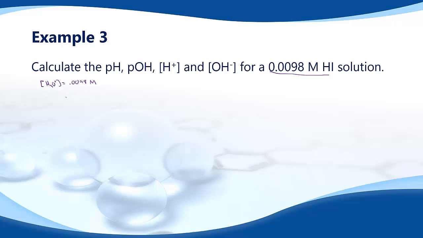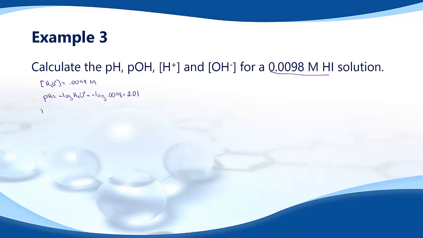I'm usually a fan of doing the easier calculations, so my next calculation will be pH. pH is equal to negative log of H3O plus, so negative log 0.098, which gives me 2.01. Right, so the pH of this solution of this hydroiodic acid is 2.01, so again, fairly acidic.